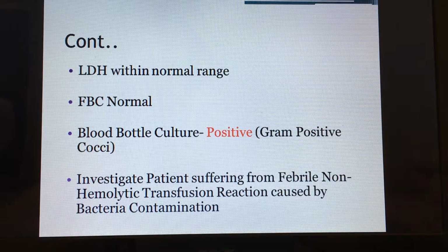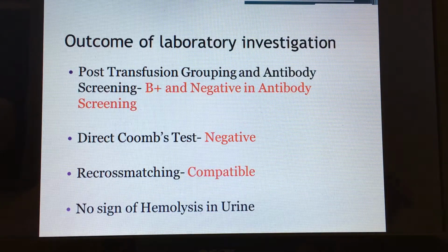Why was there no acute hemolytic transfusion reaction? Because the recrossmatching was compatible, the post-transfusion grouping and antibody screening were the same as the pre-transfusion ones, the direct Coombs test was negative, and there was no hemolysis in the urine.